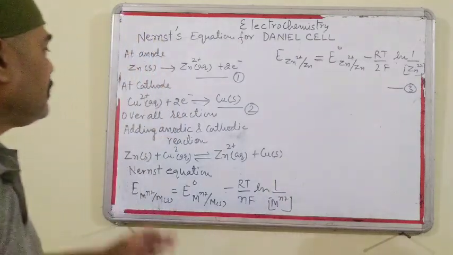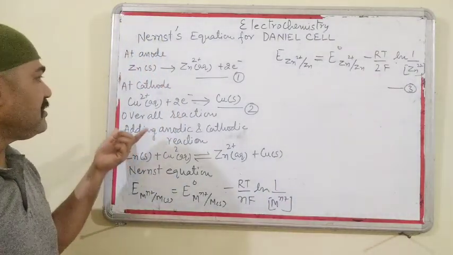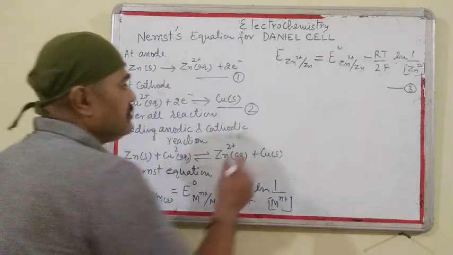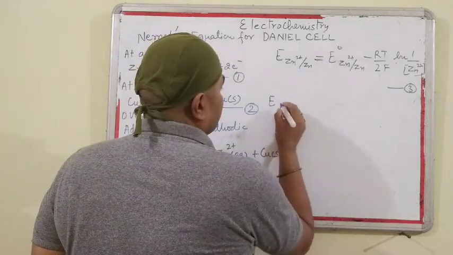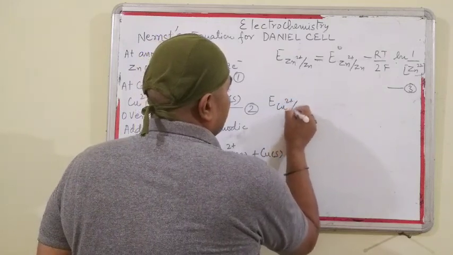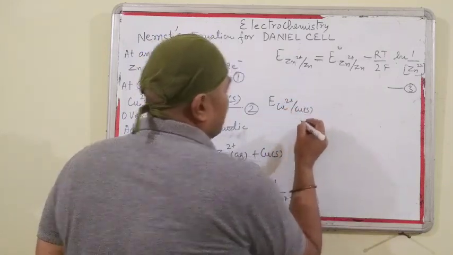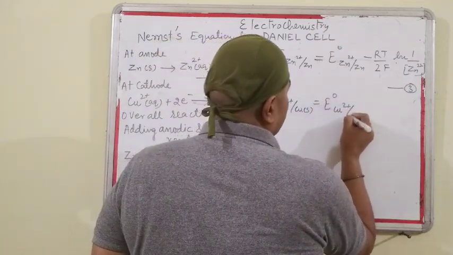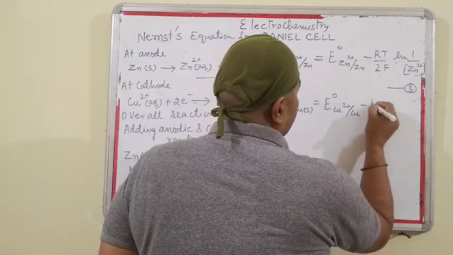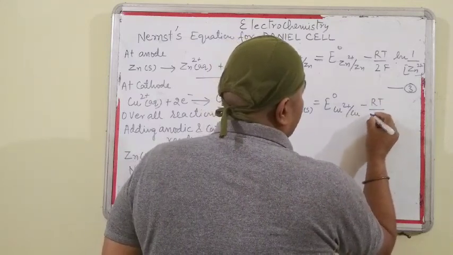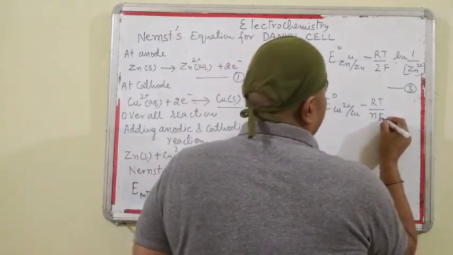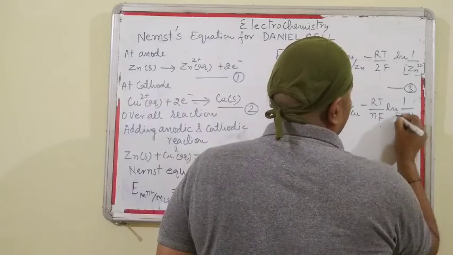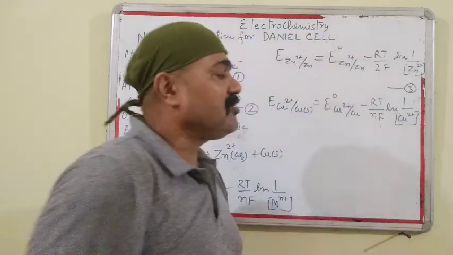In a similar way, we will write the Nernst equation for the other half cell, that is the copper sulfate half cell: E(Cu2+/Cu) = E0(Cu2+/Cu) minus RT upon nF, natural log of 1 upon [Cu2+], the molar concentration of the copper ion.